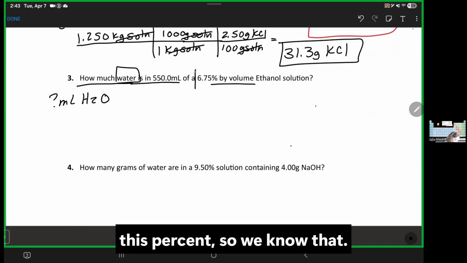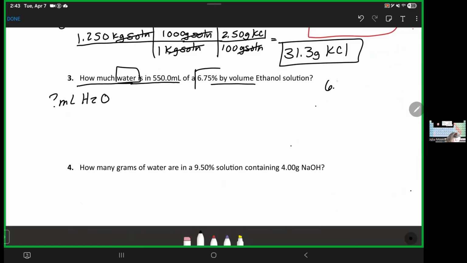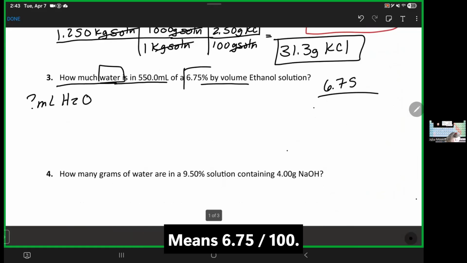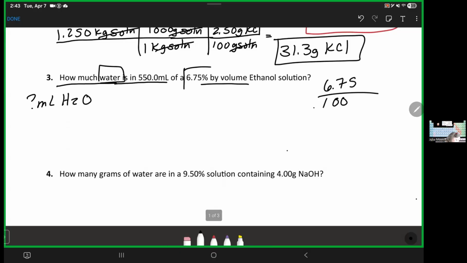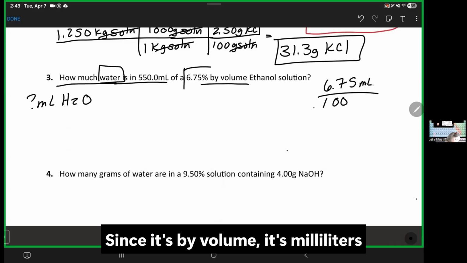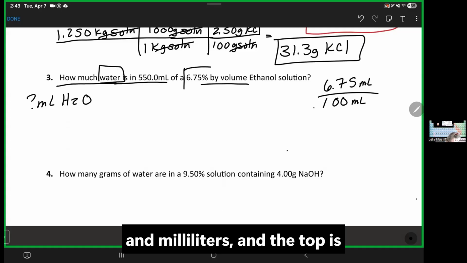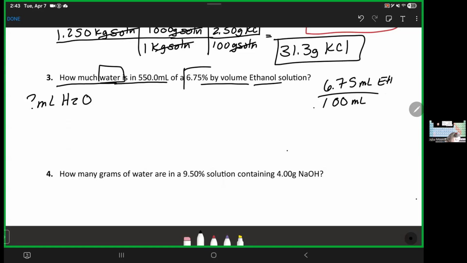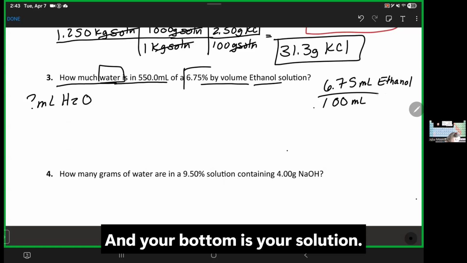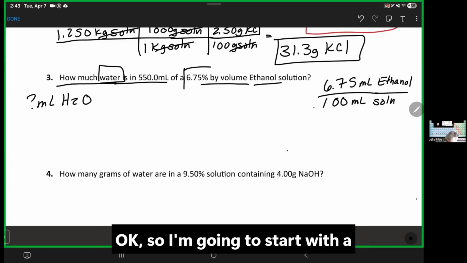Okay, so we've been given this percent. So we know that means 6.75 over 100. Since it's by volume, it's milliliters and milliliters. And the top is your chemical, your ethanol. And your bottom is your solution. Okay.